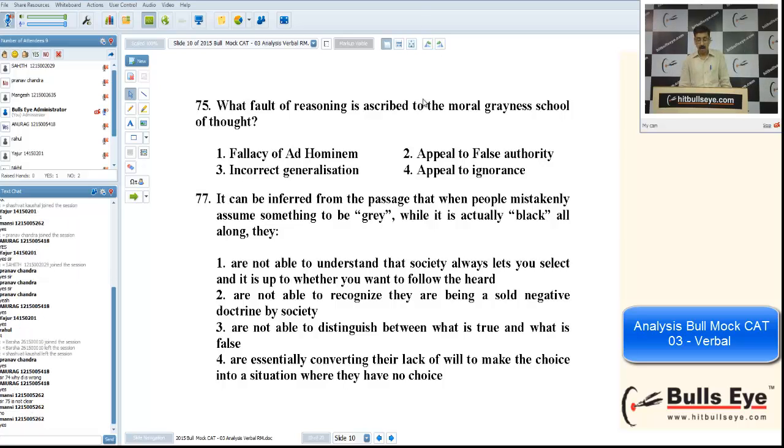Okay. So 77: it can be inferred from the passage when people mistakenly assume something to be grey when actually it is black. All along, what they are trying to prove is that the thing was wrong, but they assume it to be grey. 77th question: what was your choice, as a difficult question marked by the test takers?